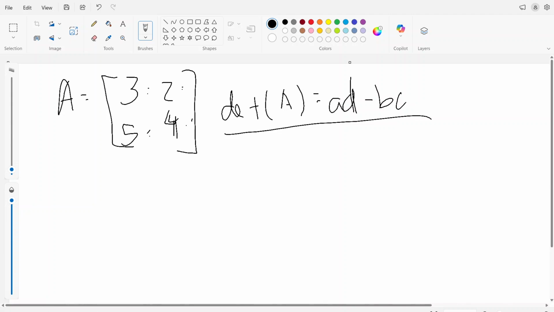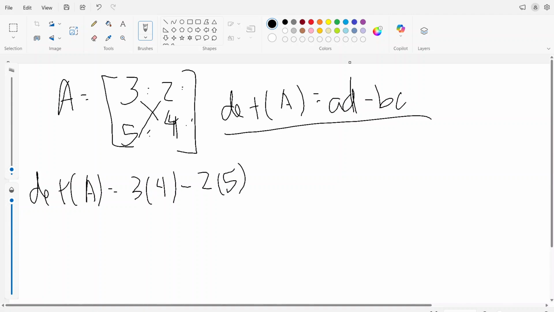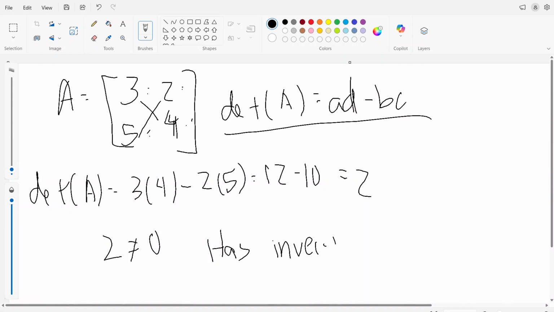A, B, C, D. Simple. Now we plug it in. So determinant of A is going to be diagonal 3 times 4 minus the other diagonal, minus 2 times 5, which will be 12 minus 10, which will be 2. So the determinant of this matrix is 2. And since 2 does not equal 0, this means that the matrix has an inverse. So if you wanted to find the inverse of this matrix, that's possible.